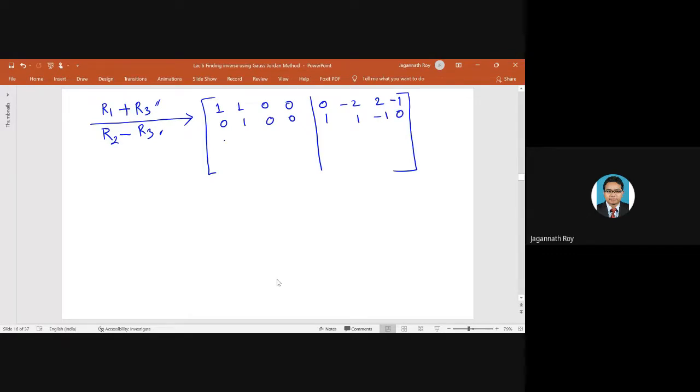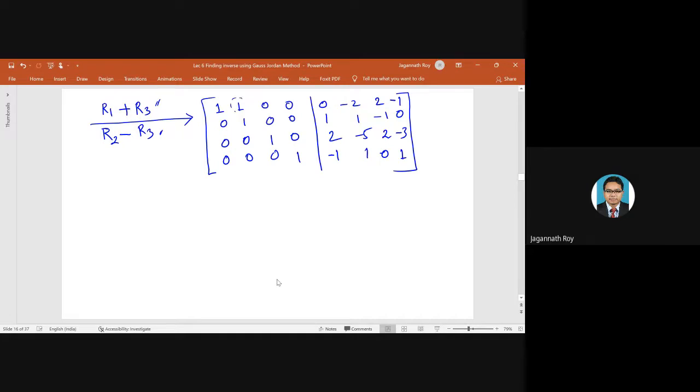Similarly, the third row will become as it is 0, 0, 1, 0. So 2 minus 5, 2, 3, minus 3. The fourth row 0, 0, 0, 1, minus 1, 1, 0, 1.